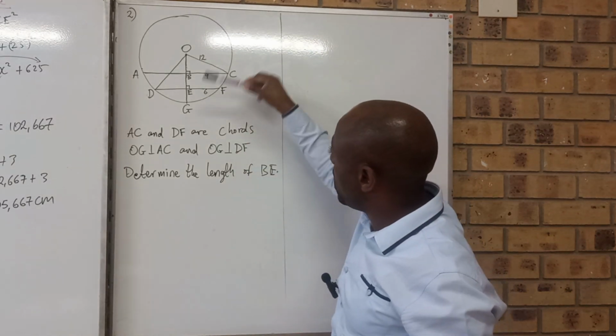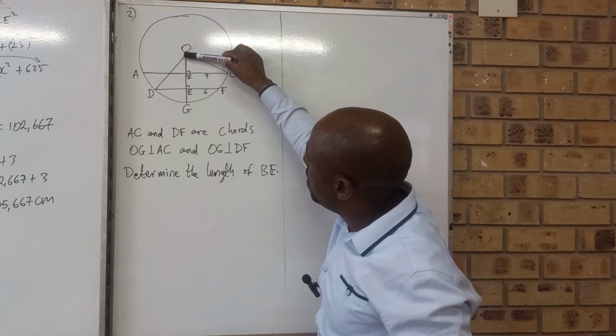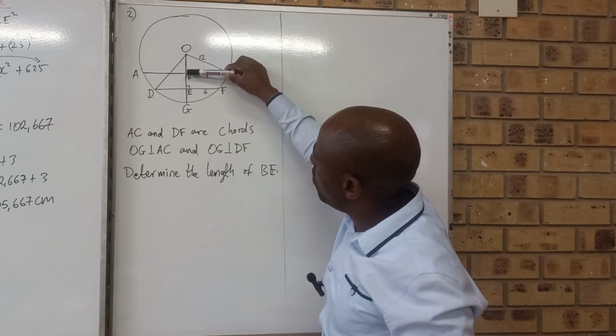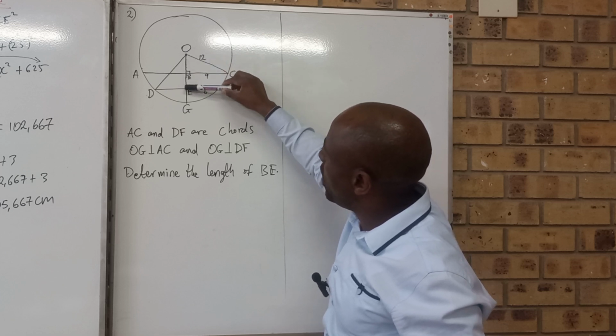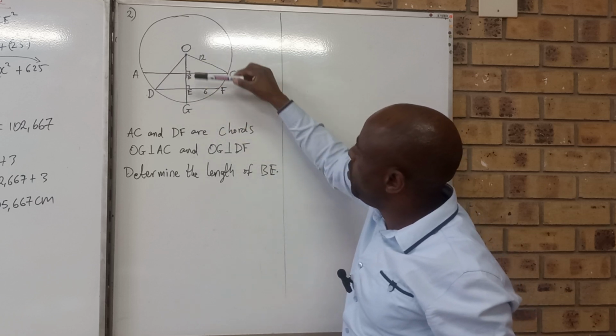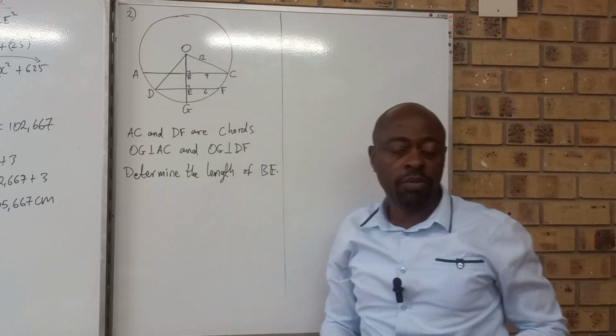So just by analyzing the question, if I need BE, I will certainly be calculating OE, which is the longer distance, minus OB. Now, where do I get OB? I use triangle OED and apply my Pythagoras. Then for OB, I will use OBC and also apply my Pythagoras.